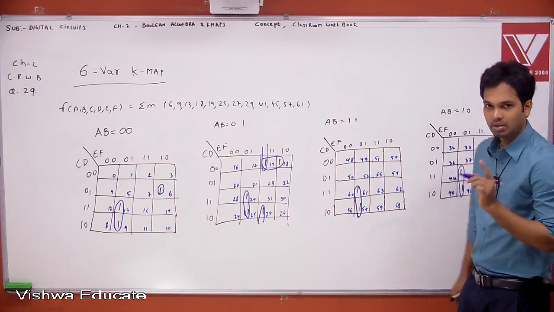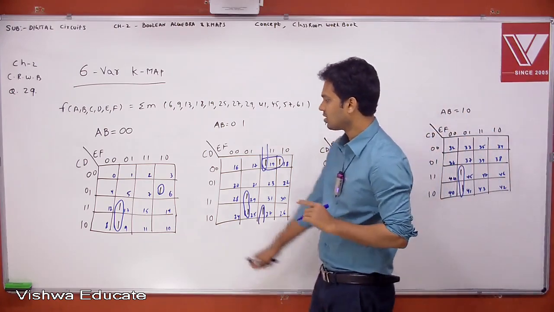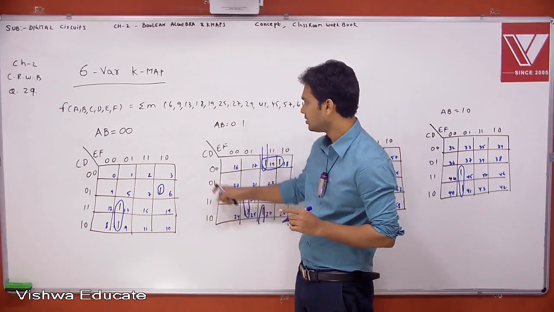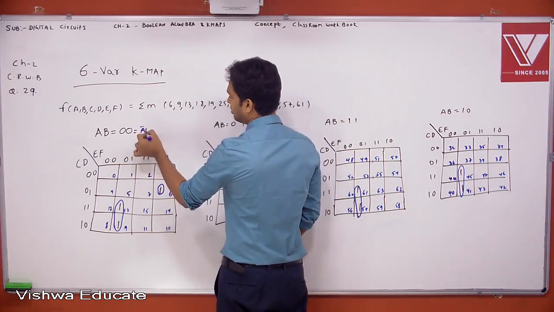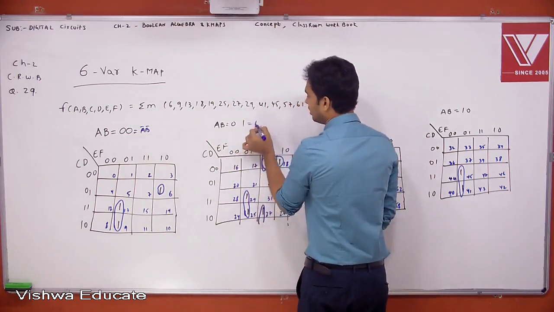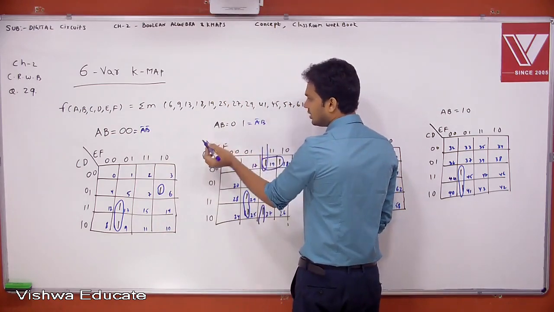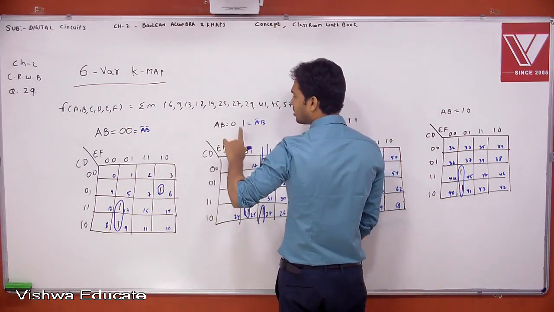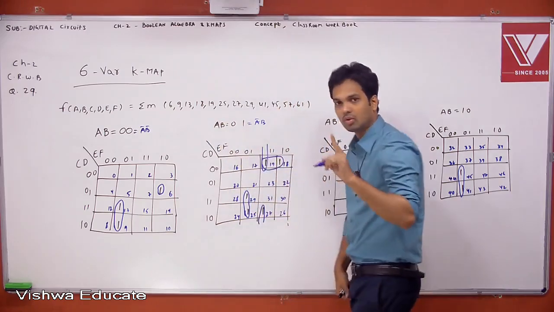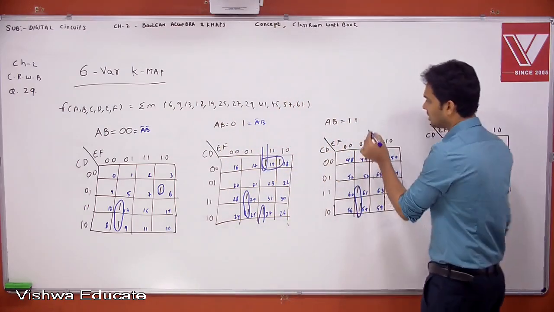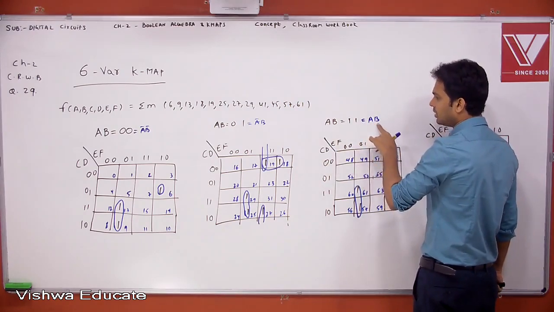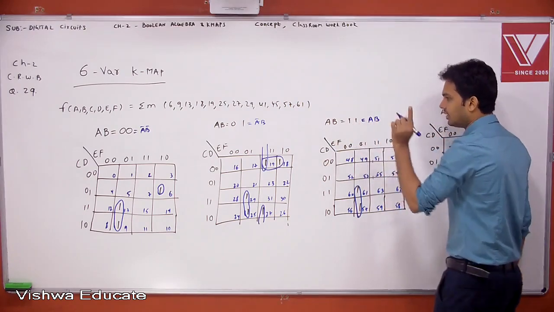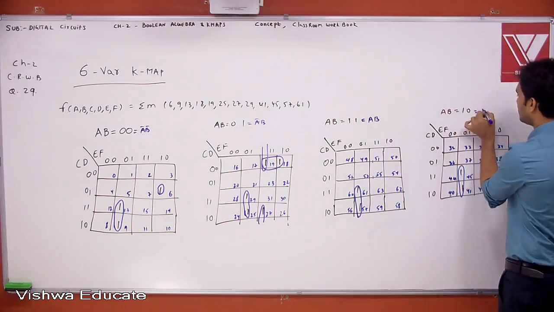See here, please understand. If any term is common in both these K-maps, here it is 0 0, meaning A bar B bar. Here, A bar B. So if there is anything common in both the K-maps, take A bar common, B bar plus B is 1, you can neglect B. Similarly, in the second and third K-maps, if anything is common, take B as common, neglect A. Here it is A, B bar.